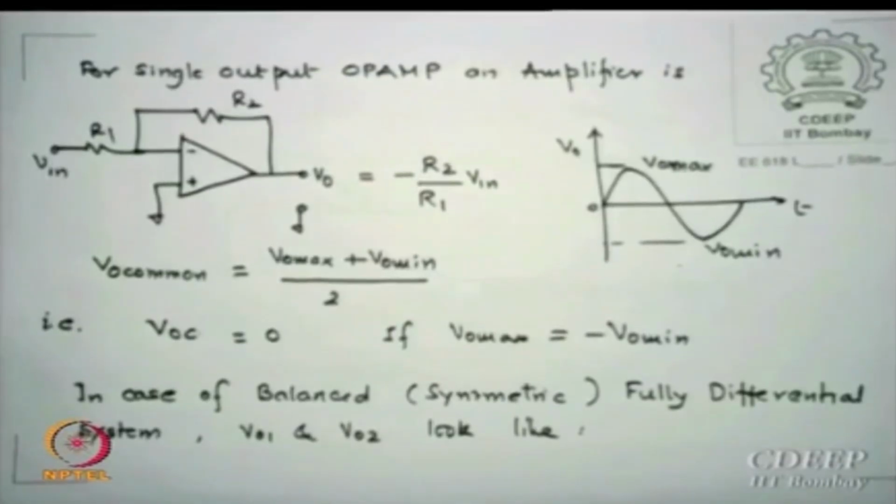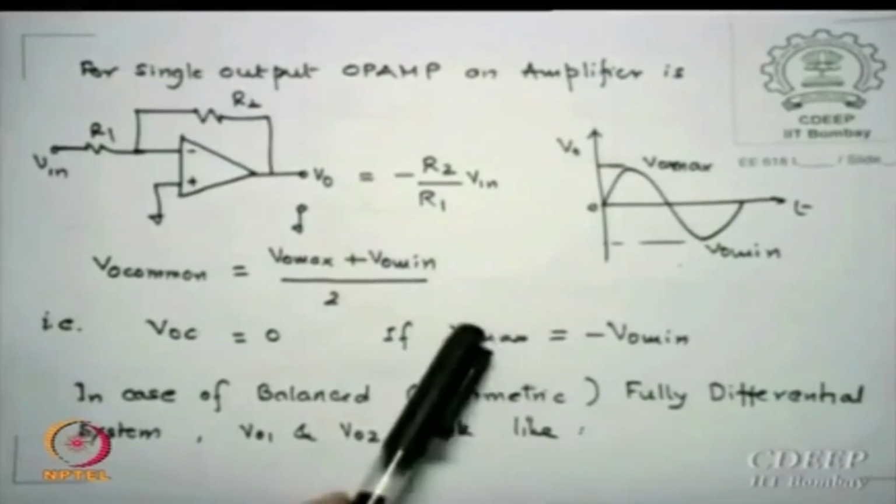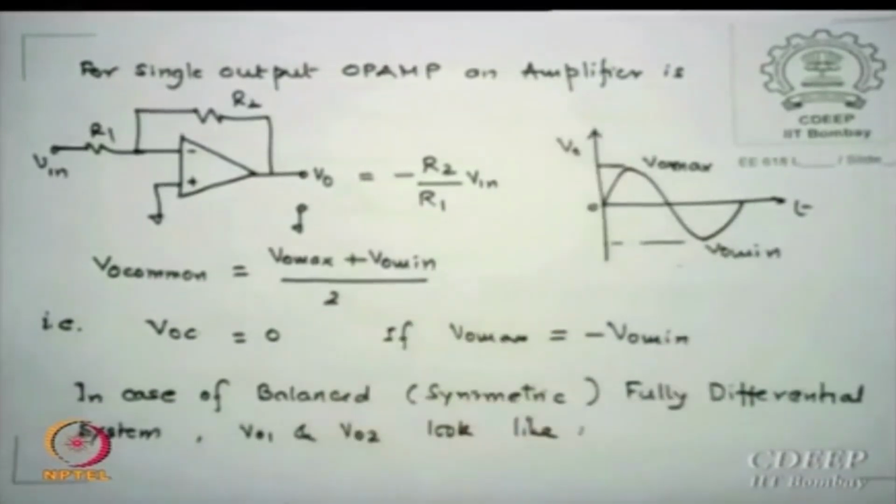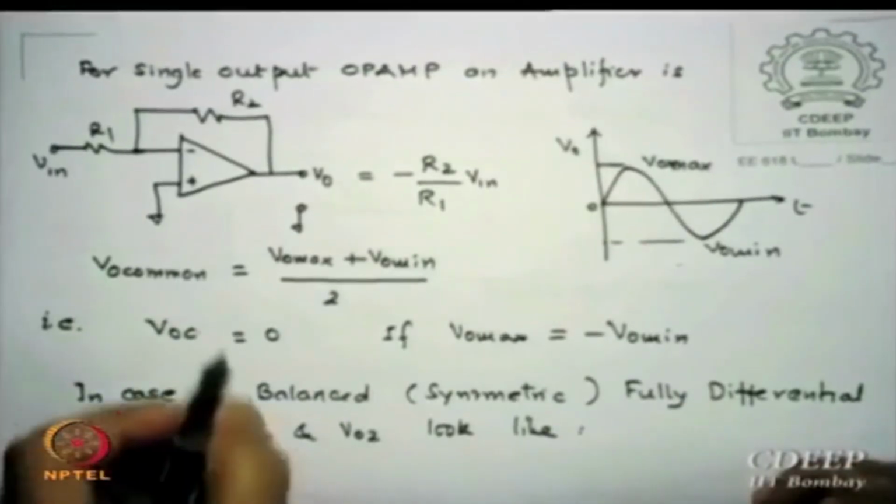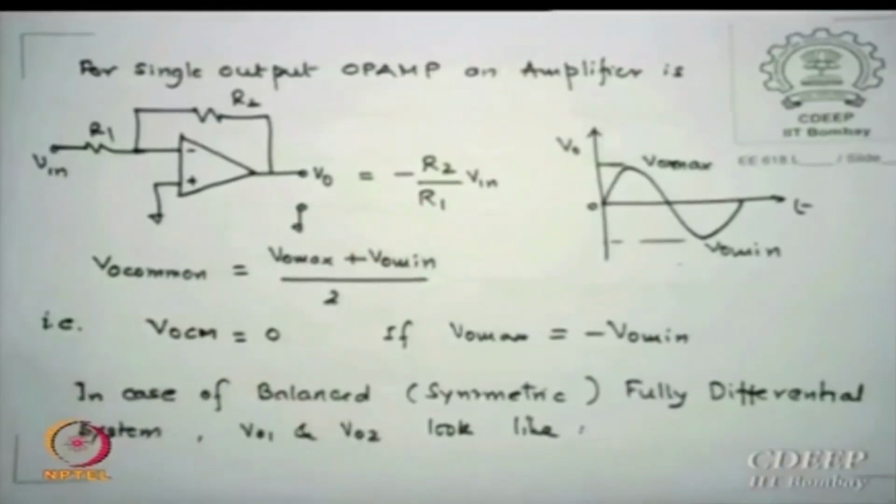The maximum you can reach is VDD, the lowest you can get to is VSS, and therefore the sum could be 0, or if VSS is 0 it could be anything else. So VCM is something which you can decide by deciding up to which values these two will go. In case they are equal as shown here, then the VCM is 0.